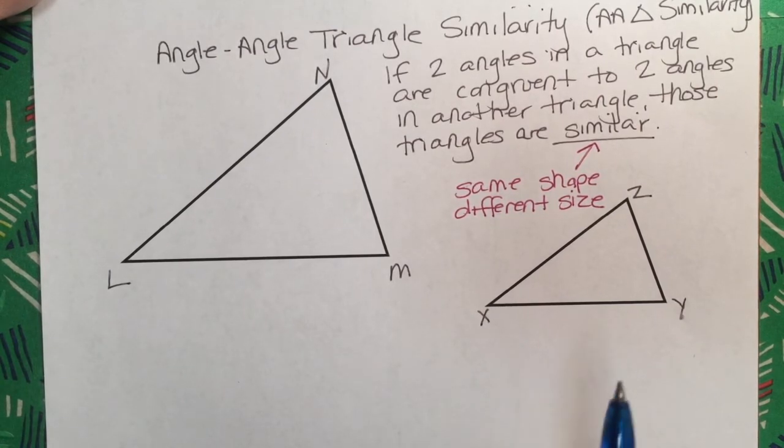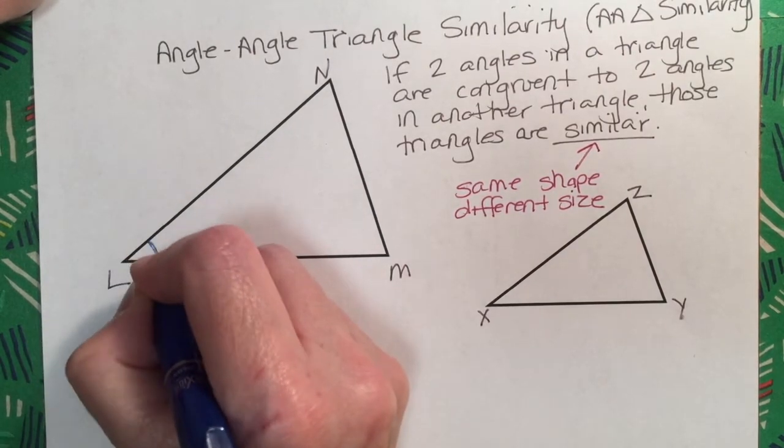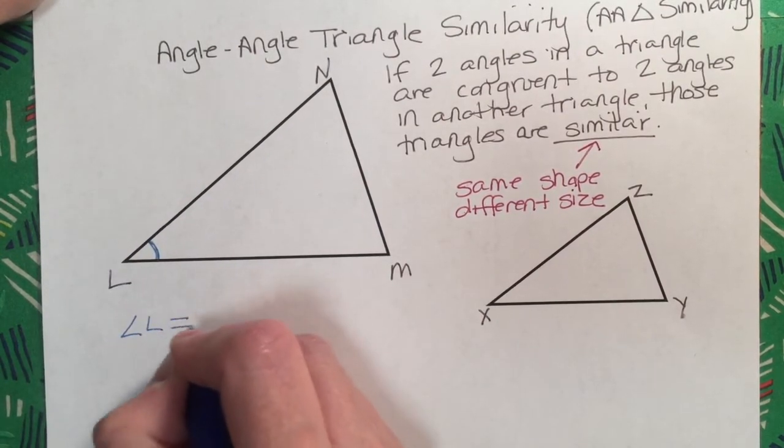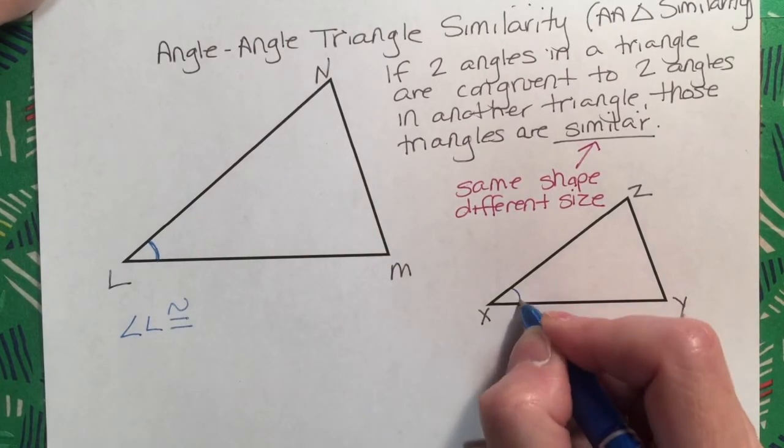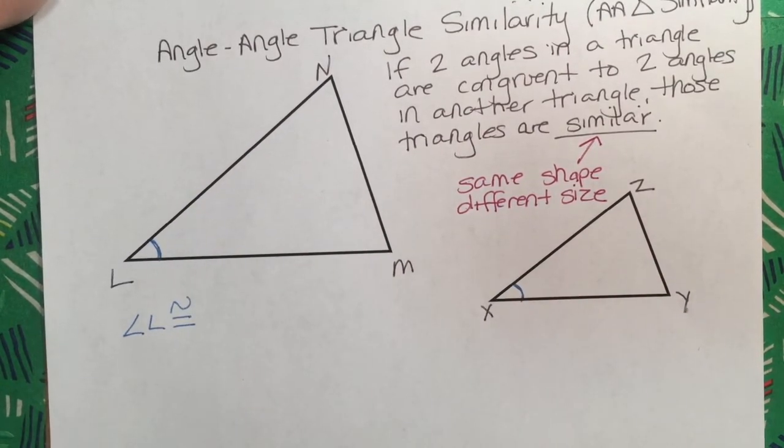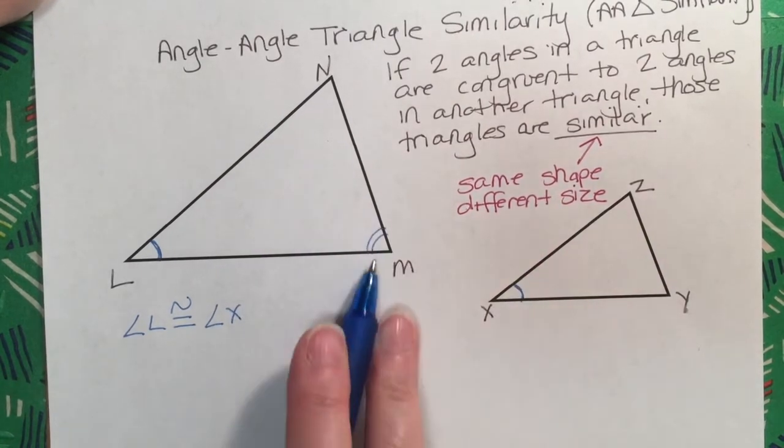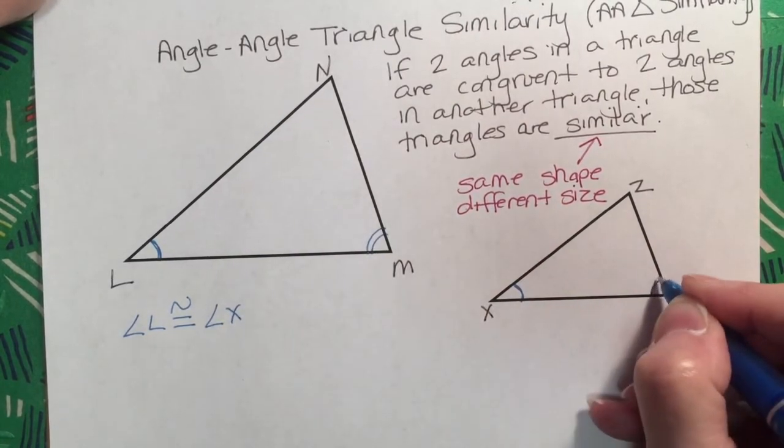They're not congruent, but they're similar. So here's the example. What if we know that angle L is congruent to angle X? They have the same measure. And we know that angle M, so I'm going to put 2 curves, is congruent to angle Y.